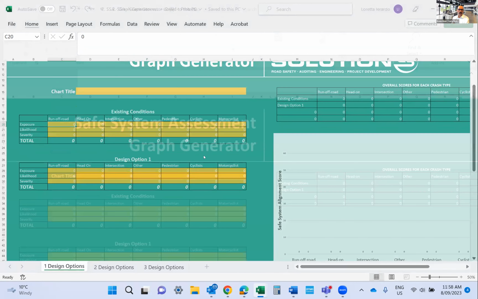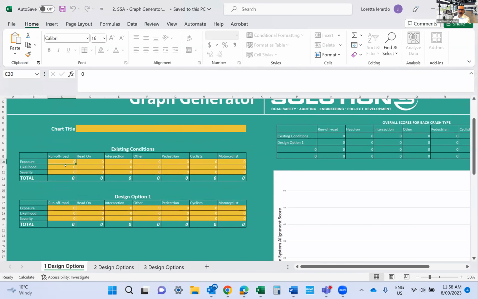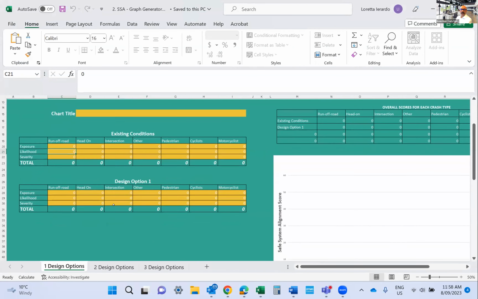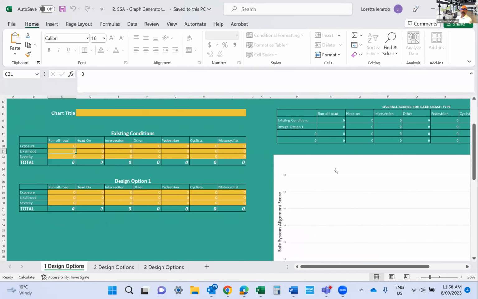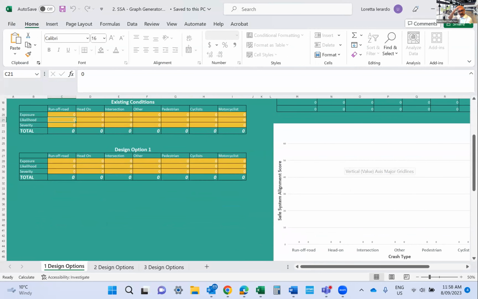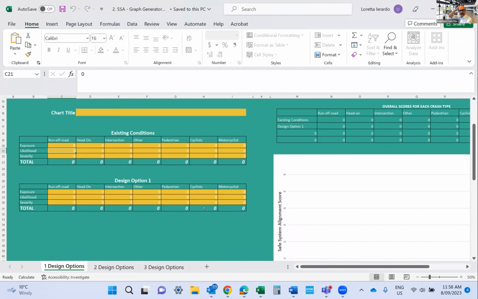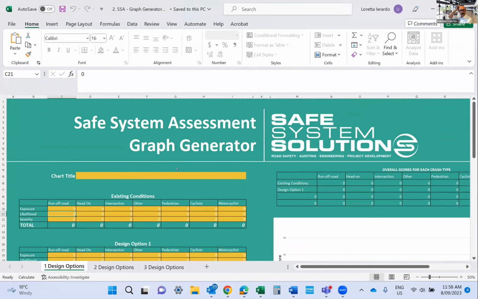Second tab has got 2 design options, 3 design options, and you can see there your graph will appear, and you can then copy that, paste it back into the Word document. Feel free to use that for any safe system assessments, or create your own. It's very easy to do.